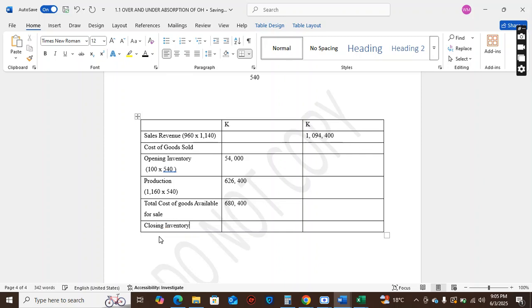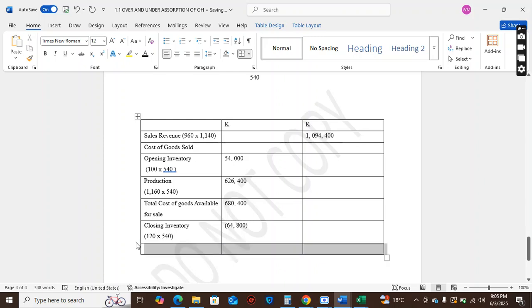Closing inventory, we said it's 120 units times 540. 120 times 540 is 64,800. So we now subtract 680,400 minus 64,800. What do we get?